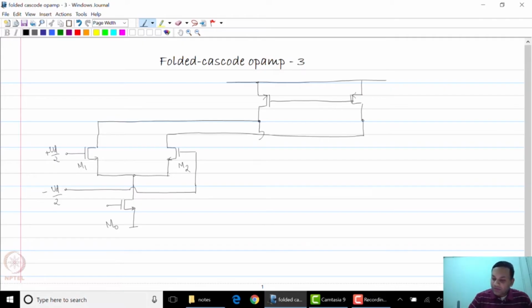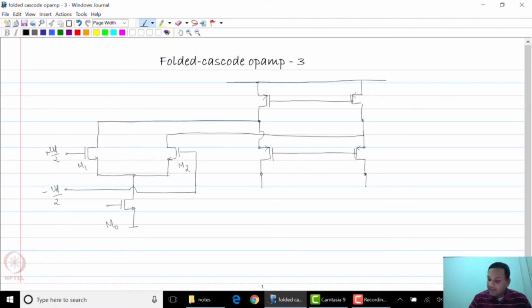And finally, at this point, the output goes into the common gate PMOS structure. This is the common gate PMOS structure, and this is the output. Remember, now you need to get a single-ended output, and you need to get a current source at the bottom, and therefore this portion of the circuit will actually have a current mirror.